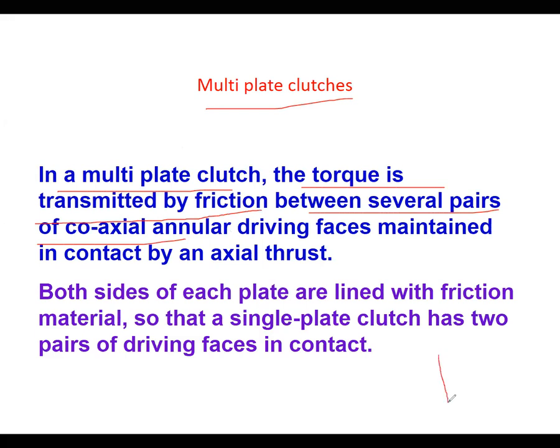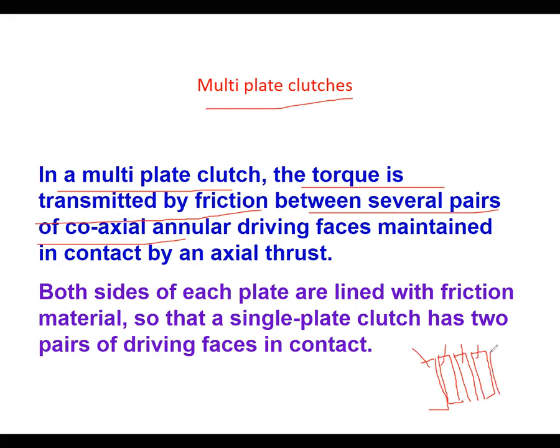In the previous one, on both sides there were frictional surfaces. Now, in this case, I'm going to add one more clutch plate. This is the rubber surface, or the frictional surface. This is the disc, and this is the disc.